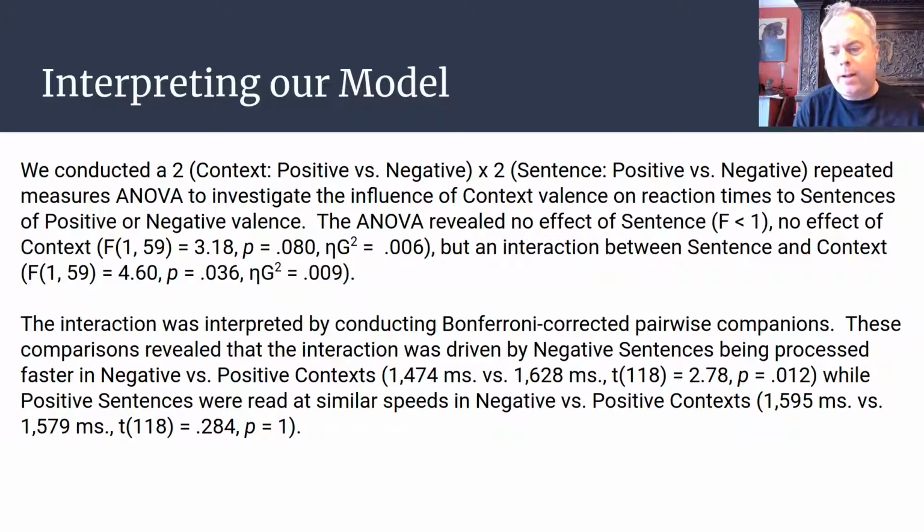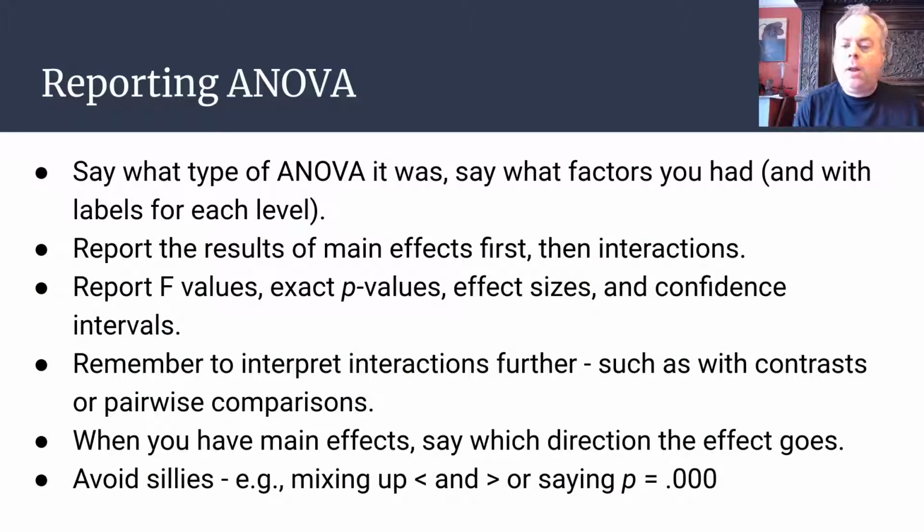This p-value is the one that we did our manual Bonferroni correction on. While positive sentences are read at similar speeds in negative versus positive contexts, again, we report the means for those conditions, the t statistic, and the Bonferroni corrected p-value, which we calculated as being 1. So that's how we report this kind of ANOVA.